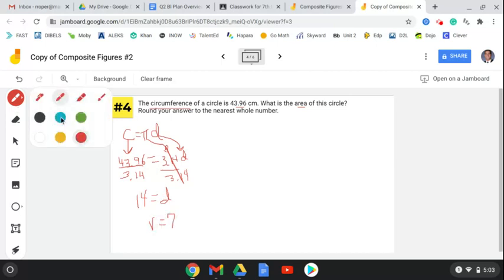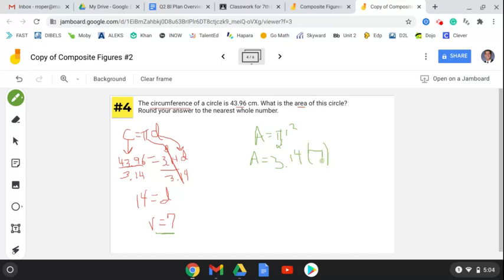Now I can use the information for the area of a circle, which is area equals pi times radius squared. And now I know the radius is 7. So area is going to be equal to pi, which is 3.14, times my radius of 7. And I'm squaring it.